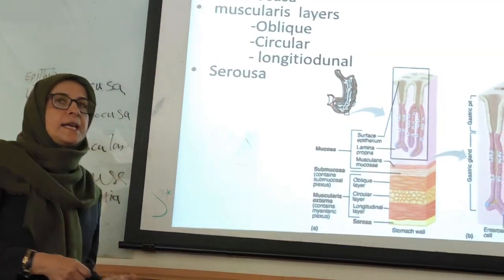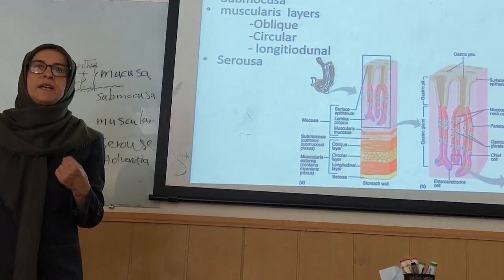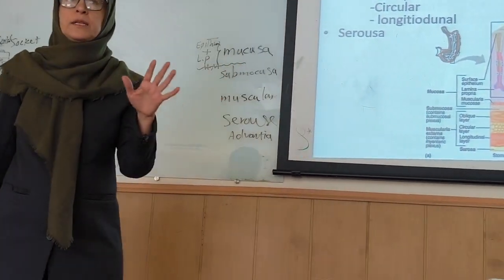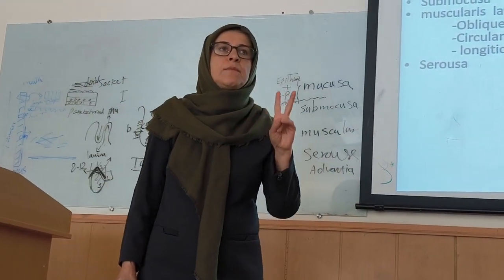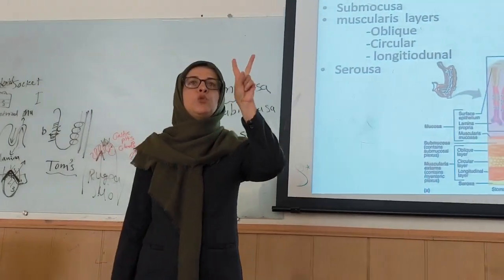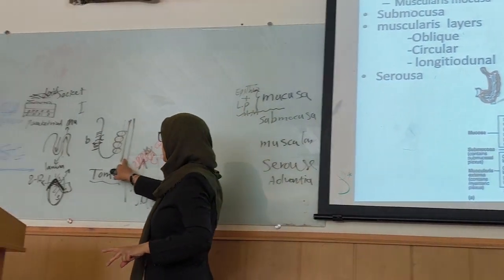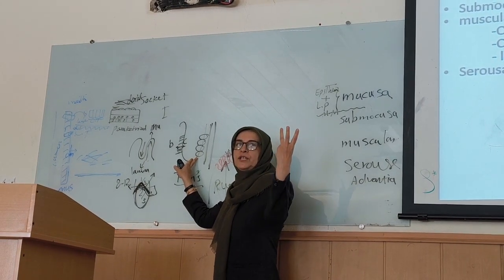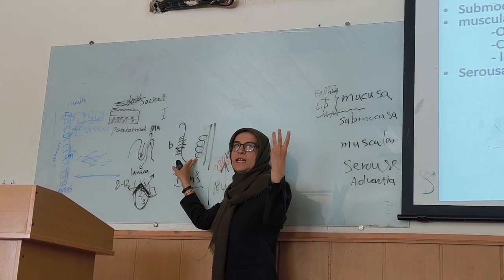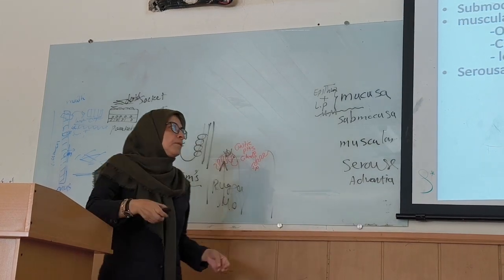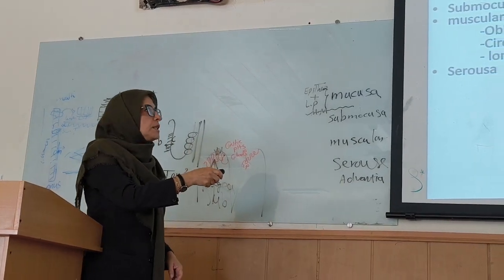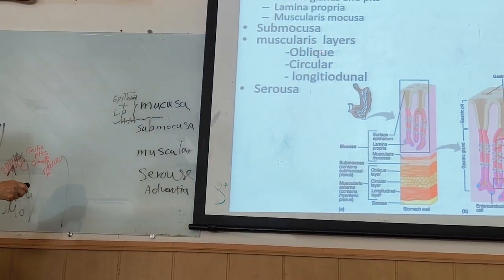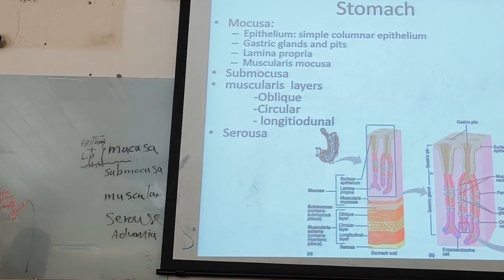The muscular layer in the stomach is an exception to other parts. In most parts, the muscularis layer includes two layers, longitudinal and circular. But in the stomach, there are three layers of muscle fibers, oblique, circular and longitudinal, from internal to external.